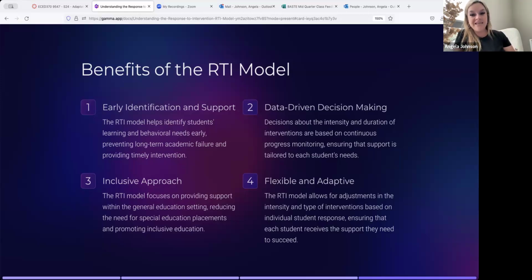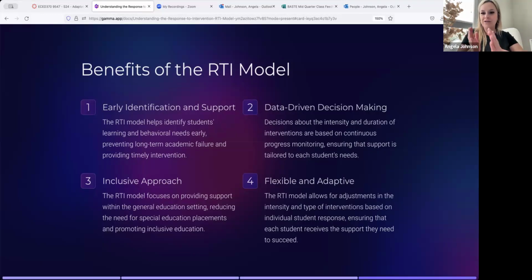And four, the RTI model provides a flexible and adaptive way of doing interventions. The RTI model allows for adjustments in the intensity and types of interventions that you're going to do based on individual student response. So how they're responding to your intervention, how you're teaching the lesson. The lesson might be going one way, and then the student's like, oh, I already know that.